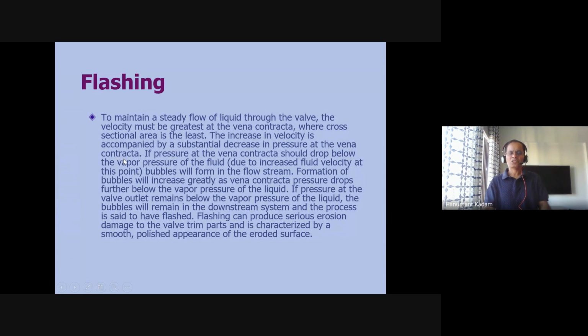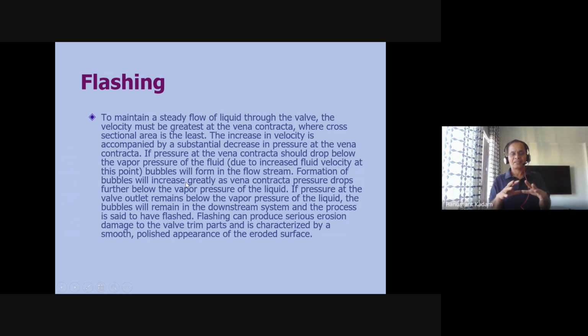If the valve is there, it has a fixed vena tapping and the differential is fixed. But when your fluid velocity increases, the pressure at the vena contracta decreases. If the pressure at the vena contracta drops below the vapor pressure of that fluid, due to the increased fluid velocity at this point, bubbles will form in the flow stream.